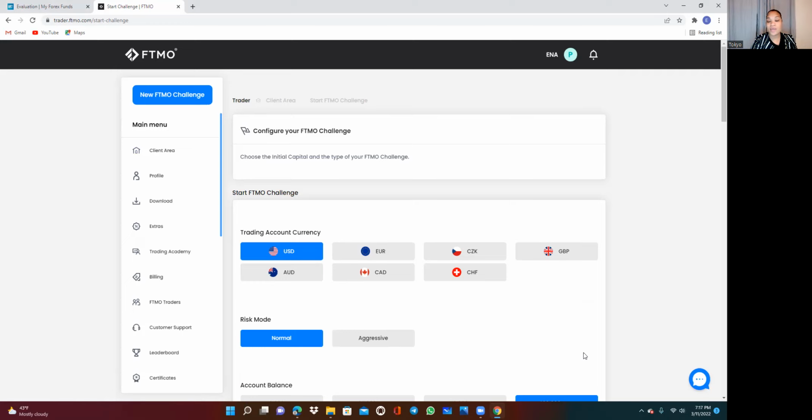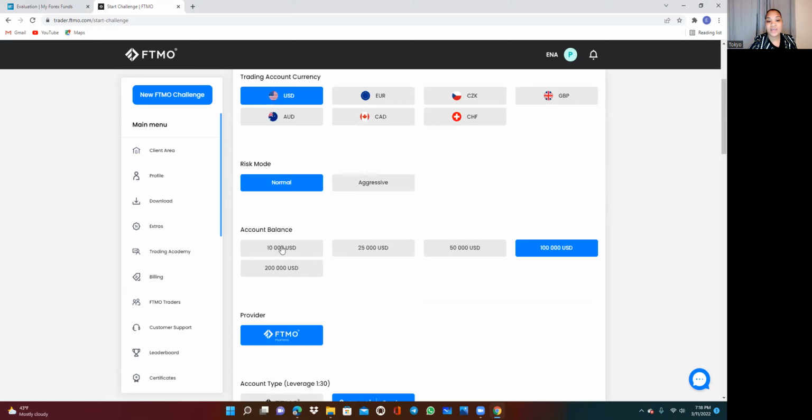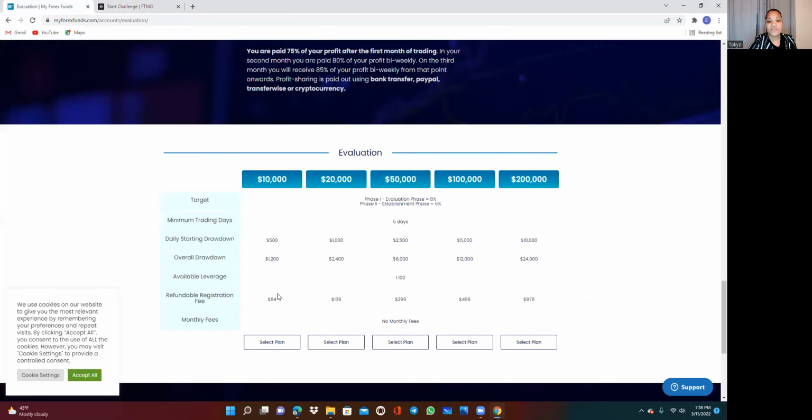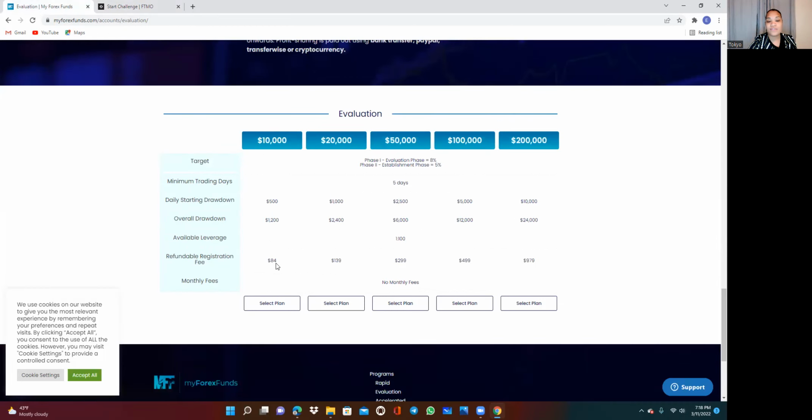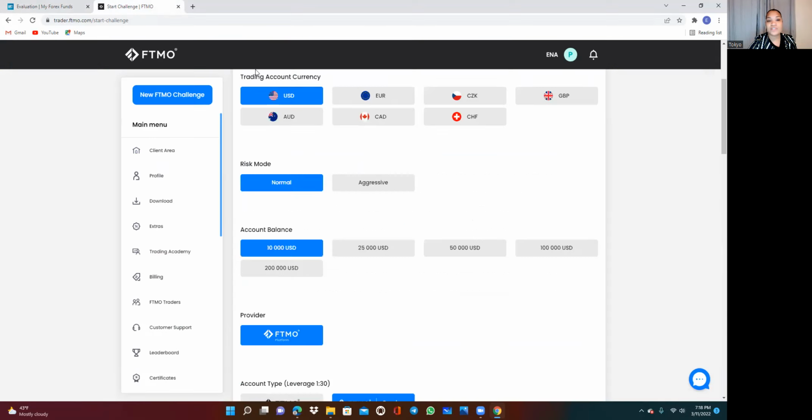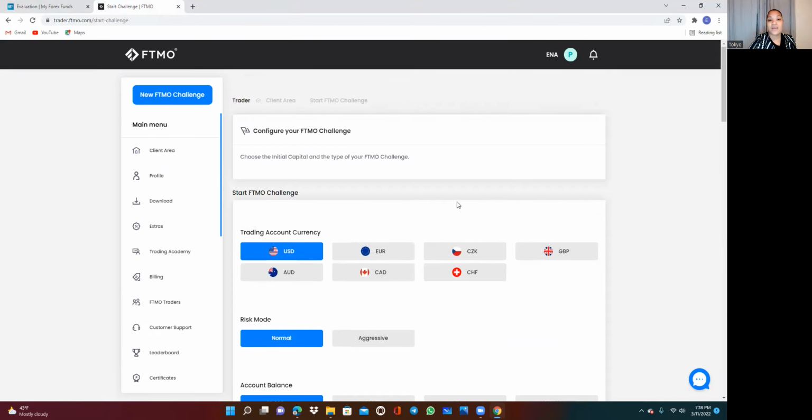But if you can pay a few $100, and look, even with the 10K, if you went with My Forex Funds, you're looking at $84. Even if you take $84 and have access to $10,000 and grow your account from there, you are setting yourself up for a bi-weekly payout.